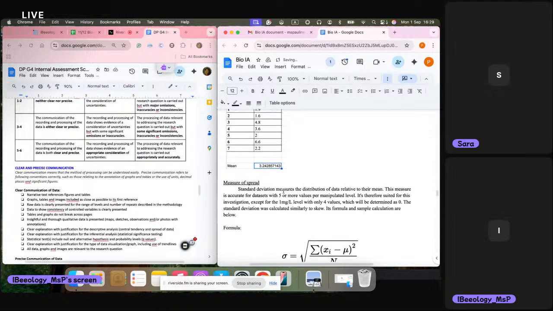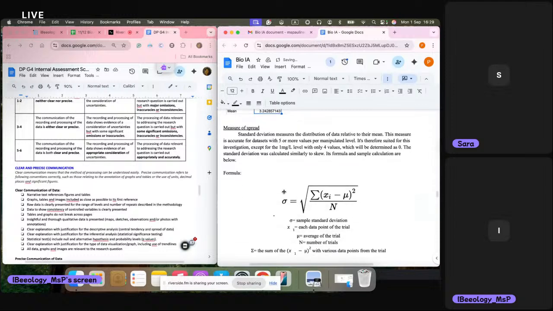Measure of spread. So why are we doing this? Why is the measure of spread done? Standard deviation, a measurement of distribution of data, is used with the mean. This measure is accurate for data sets with 5 or more values per manipulated level. It's therefore suited for this investigation. No, you're just telling us. You're not explaining why the measure of spread.